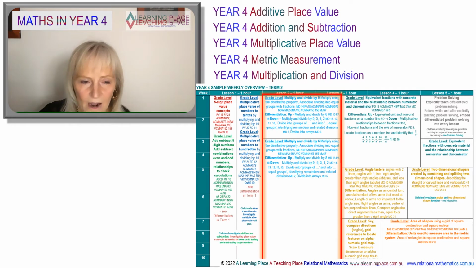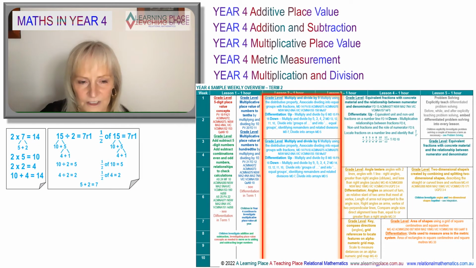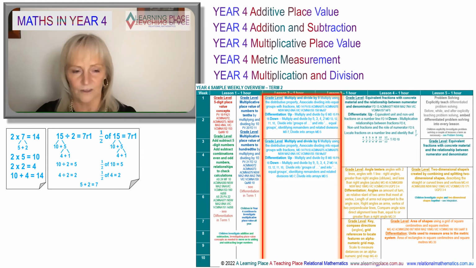So the way that I teach multiplication and division, I start with multiplication and division by 2, because that's obviously the easiest one. And we look at the distributive property because we want to wean kids off skip counting for 2 reasons.